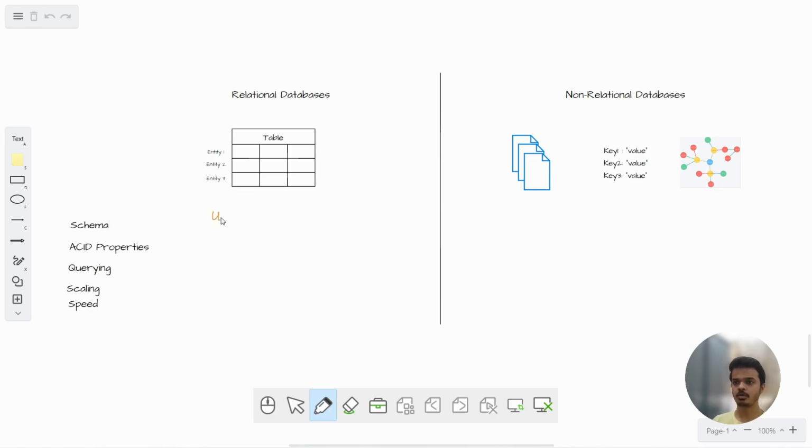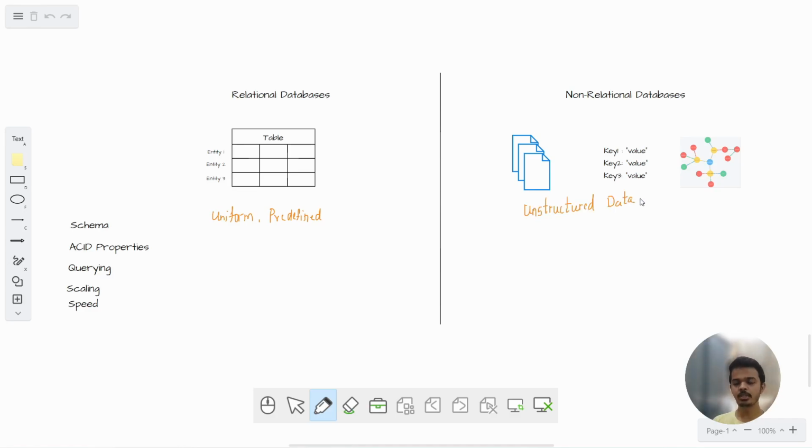So you need a uniform, predefined schema. But in the case of a non-relational database, there is no such requirement. So it can store unstructured data as well.